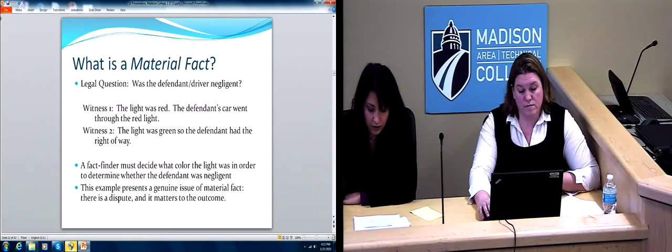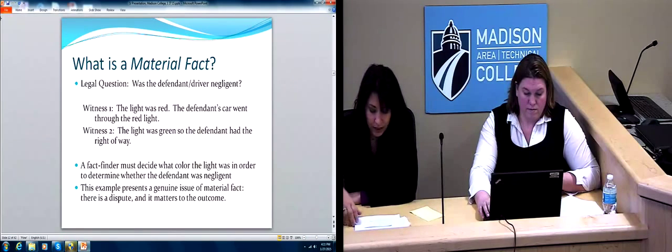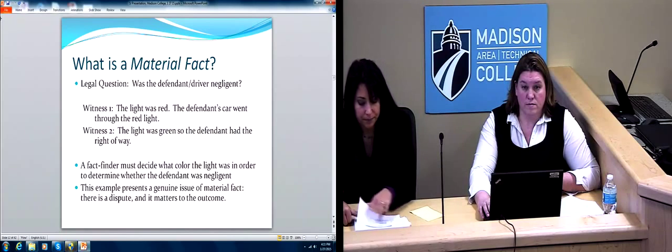In this scenario, the fact finder must decide what color the light was in order to determine whether the defendant was negligent. It's a question that must be answered in order to figure out who wins and who loses the case. This example presents a genuine issue of material fact. There is a dispute and it matters to the outcome.